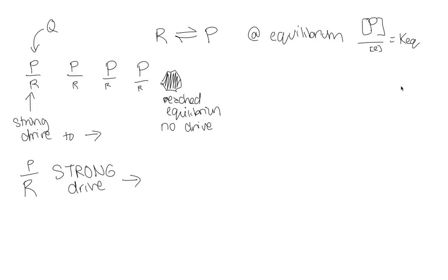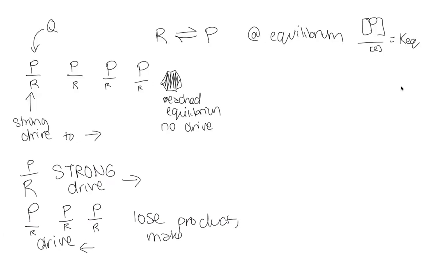But what if you start with too much product? If you start with too much product compared to reactants, well, now you're actually going to have a drive to the left. You're going to start losing your products in order to make some more of your reactants. It's very hard to draw these out, but basically you're going to lose product, make reactants.